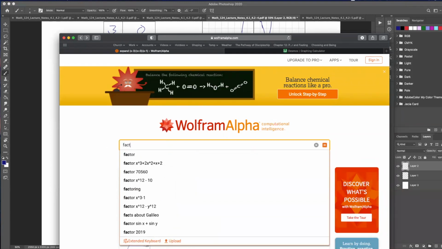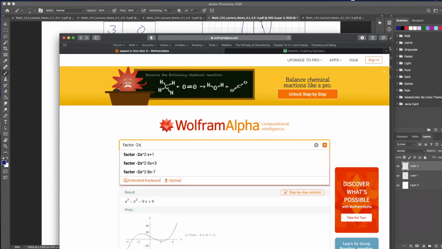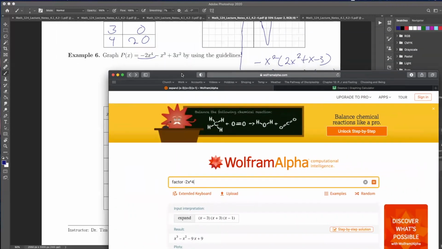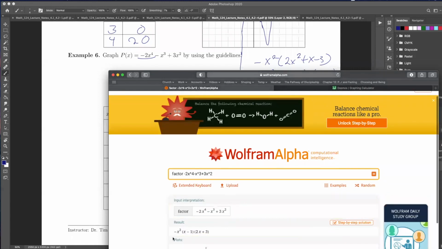We just type in factor, and I'll type in minus 2x to the 4th, minus x cubed plus 3x squared. If you just type in factor, it'll do it, and we got the same result, okay?